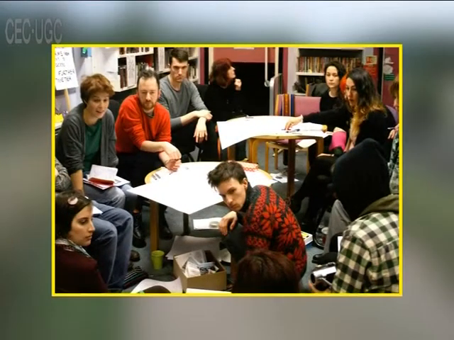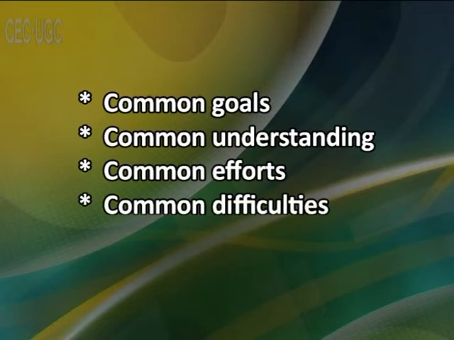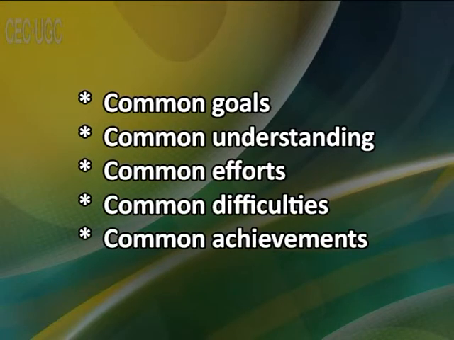Measurement helps in the classification and grouping of the students so that no embarrassment or stigma is attached to the group working for common learning needs. There is a group solidarity resulting from common goals, common understanding, common efforts, common difficulties, and common achievements. Individual attention is also made possible for specific accomplishment deficiencies.